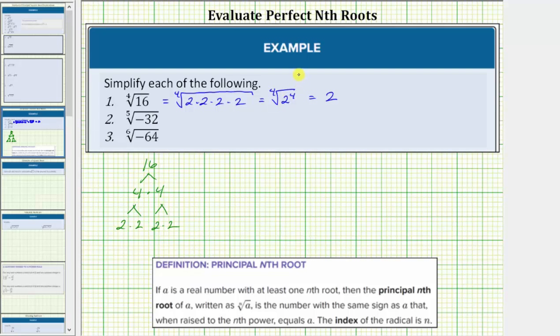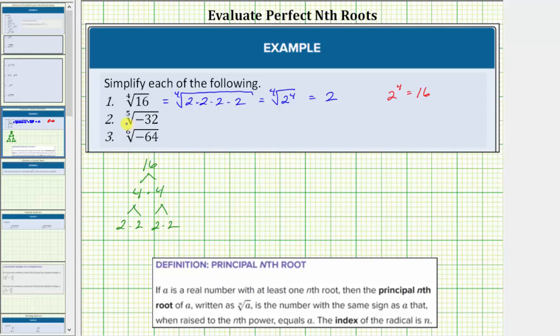Notice written in this form, we can think of the fourth root as undoing the fourth power, giving us 1 factor of 2. So the fourth root of 16 equals 2 because 2 raised to the power of the index, or 2 to the fourth, is equal to the radicand of 16.